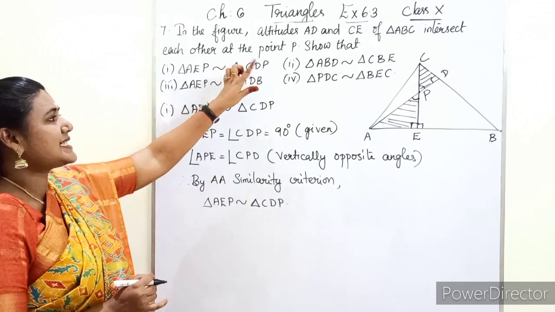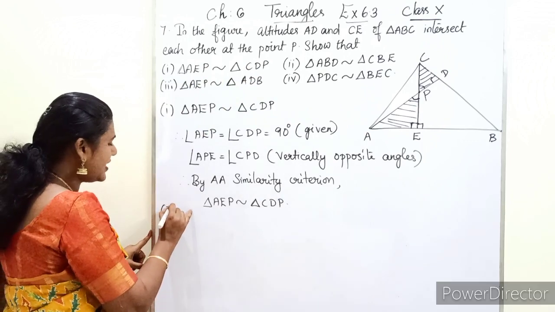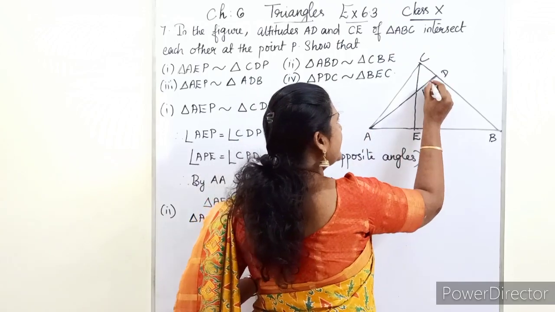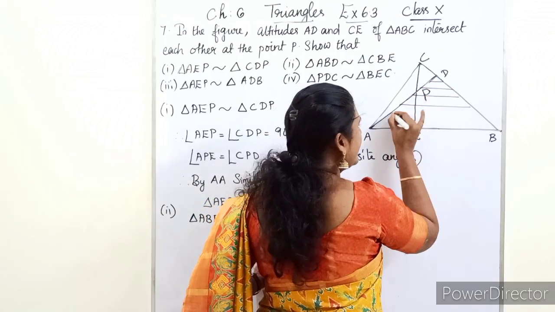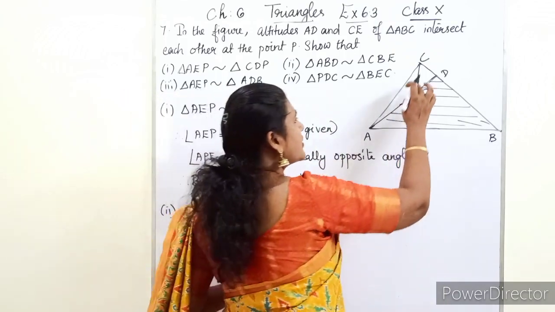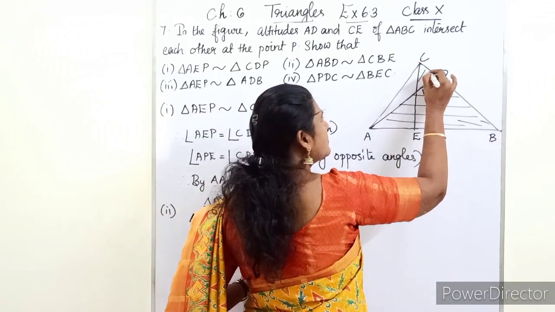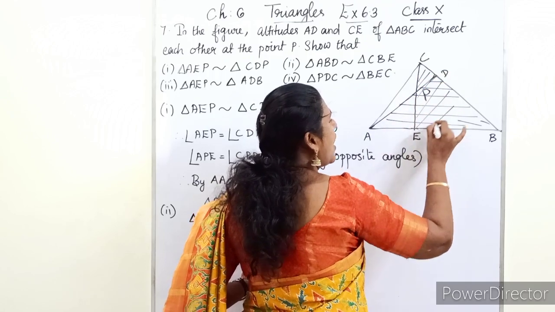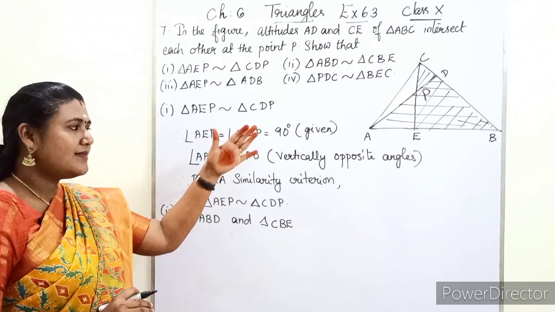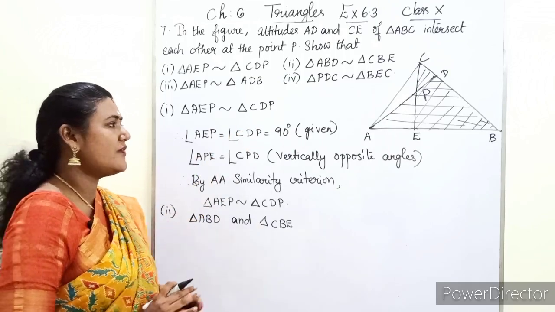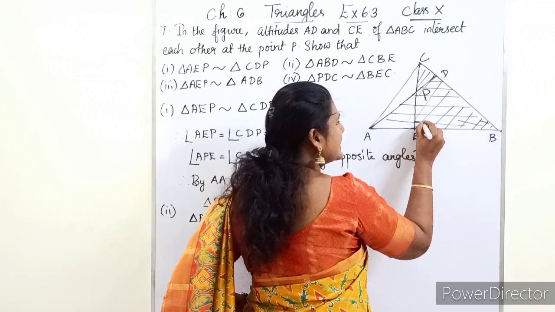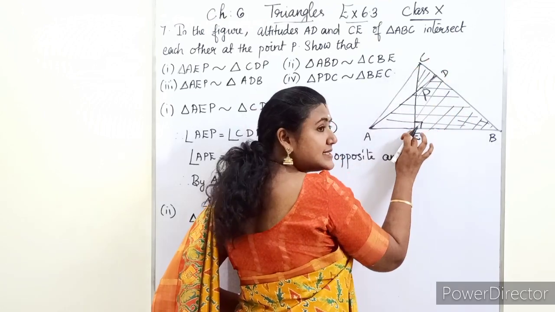Now we will see the second part. Okay, so second part, triangle ABD, that is this triangle, and triangle CBE, this triangle. Okay, so we have to prove these two triangles are similar. So here in this case also we can see this angle is 90 degrees since CE is the altitude.